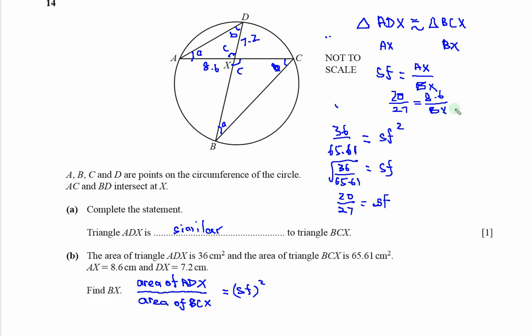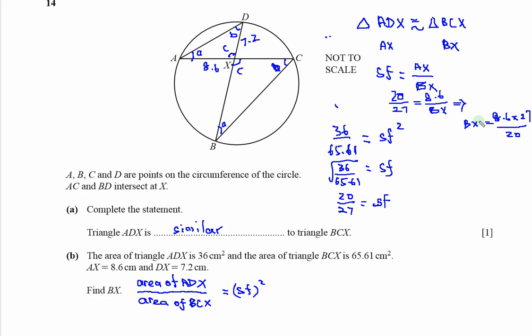Okay, now making BX the subject, you have 8.6 times 27 over 20. That will give you the value of BX.